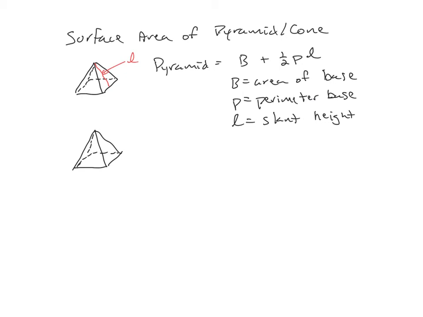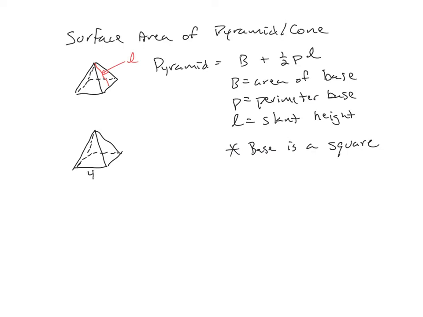The base of pyramids is always a square. It is possible to have a triangle for the base, but most of them you're going to see are going to be a square.